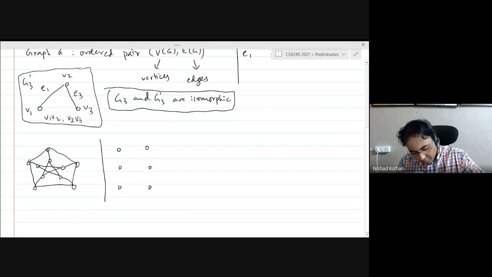What I will do is, let me give you a different drawing of the Peterson graph. Let me make it this way.